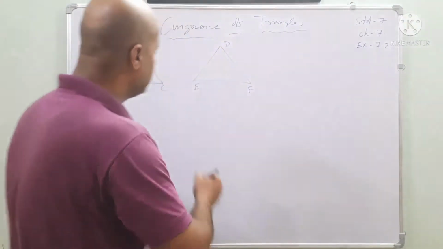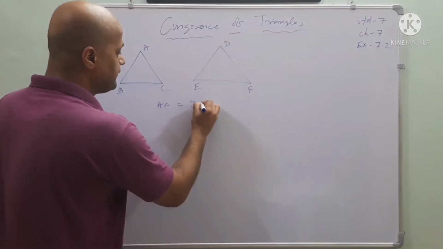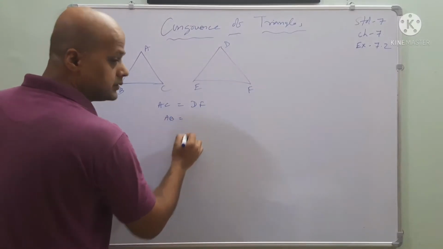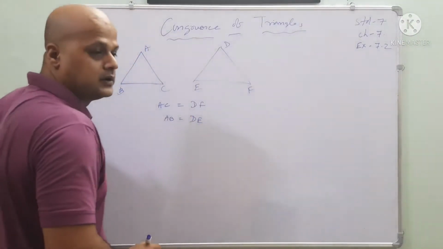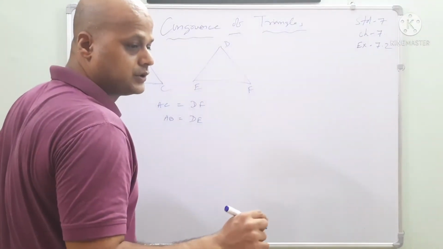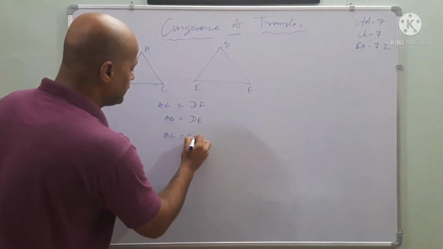Your first one is given AC is equal to DF. Second one is given AB is equal to DE, and another is BC is equal to EF. Okay, my dear friends.